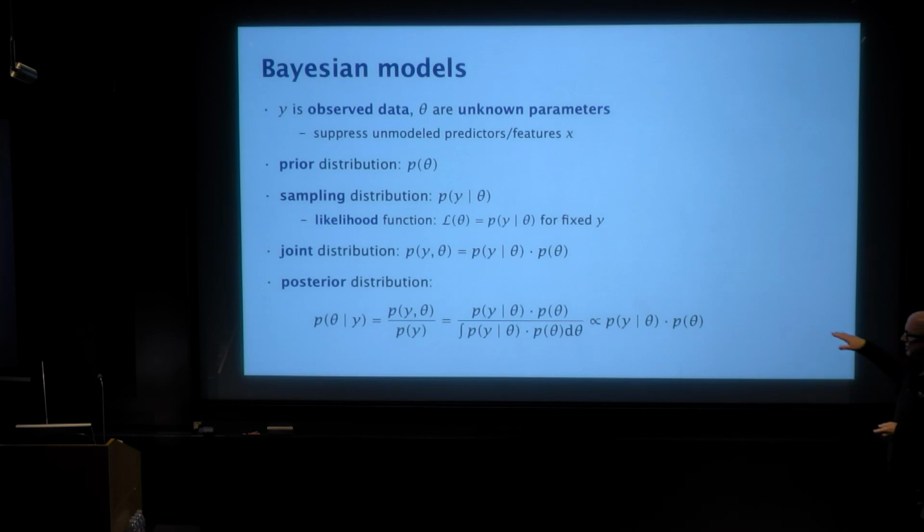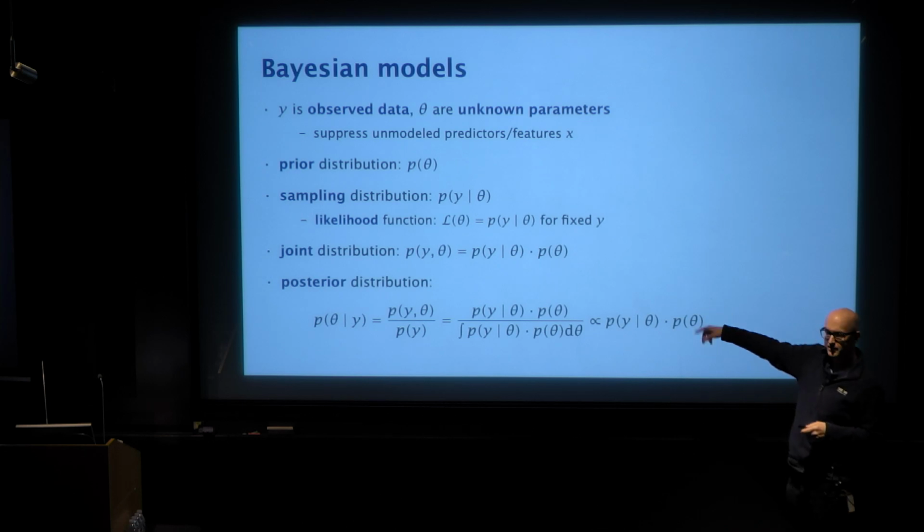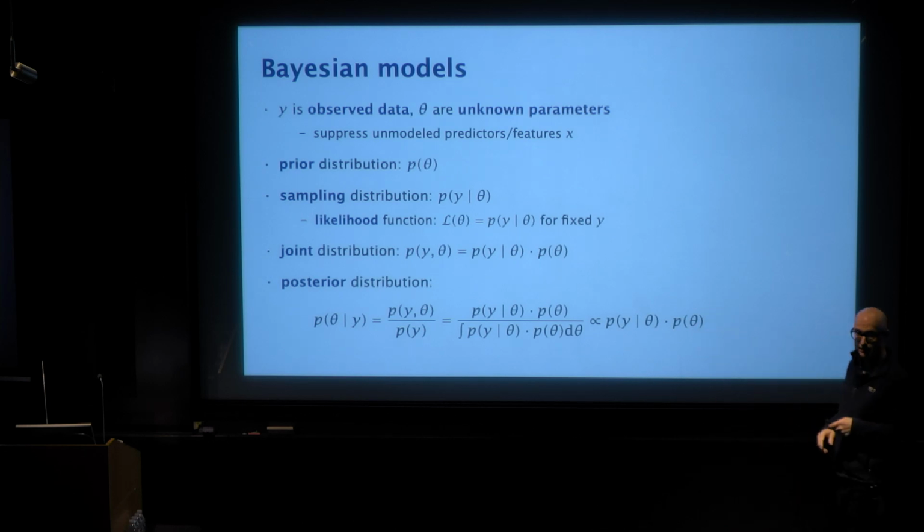What I've written out here is just Bayes' rule, which very cleverly converts the probability of parameters given data into an expression that only involves the sampling distribution and the prior. This is sometimes called Bayesian inversion: we're interested in theta given y, and we've re-expressed it in terms of y given theta.